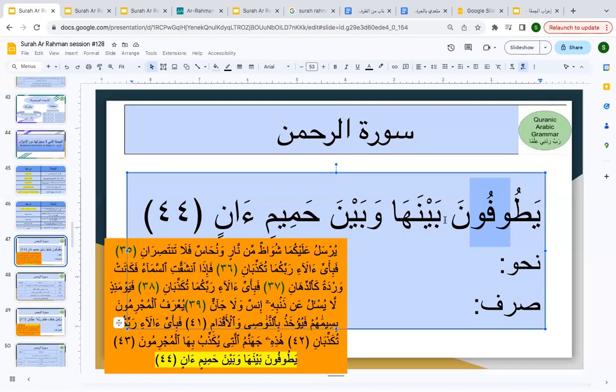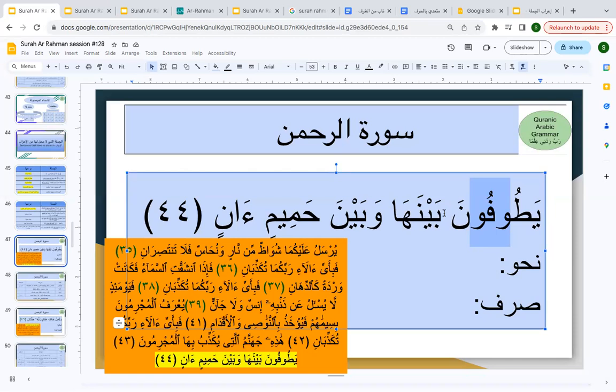So bainaha is an idafa, and baina hamimin is another idafa, and hamimin an. Can you connect these two together? Mawsuf and sifa. And this whole construction, how am I going to connect it to yatufuna, in jumla fi'liya? What can I call it? Mutalliq bil fi'l?